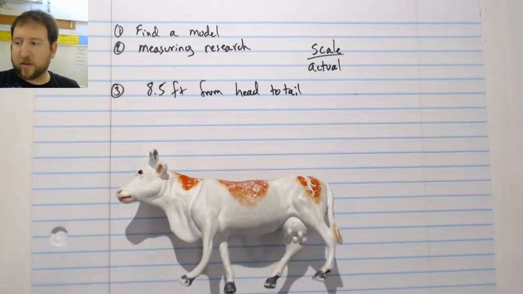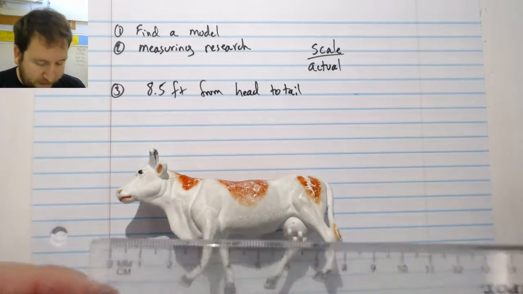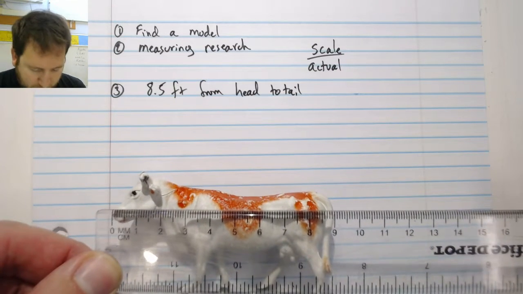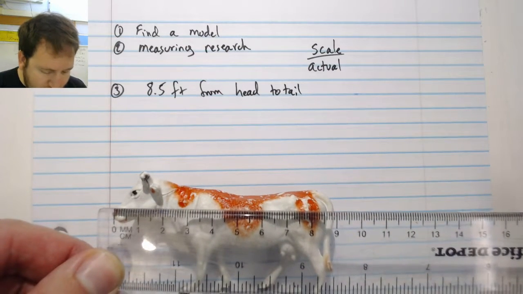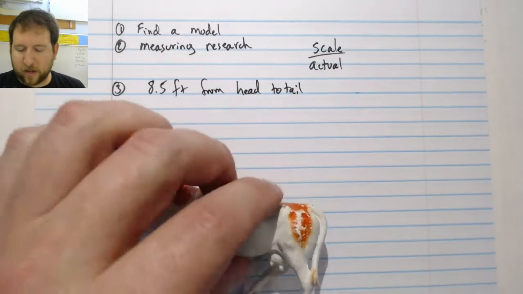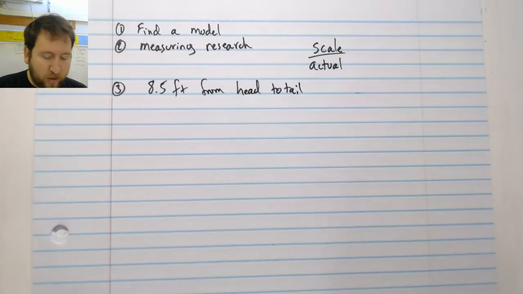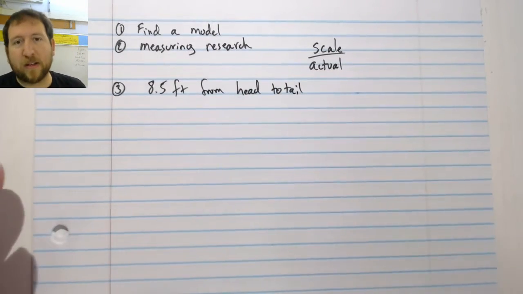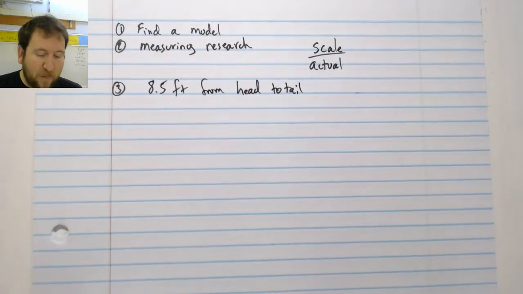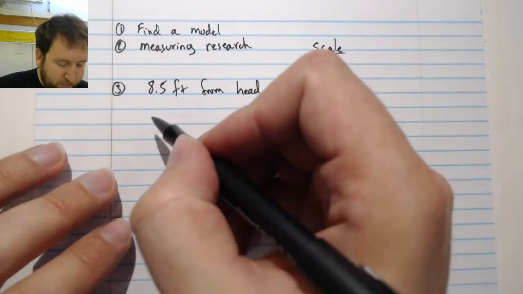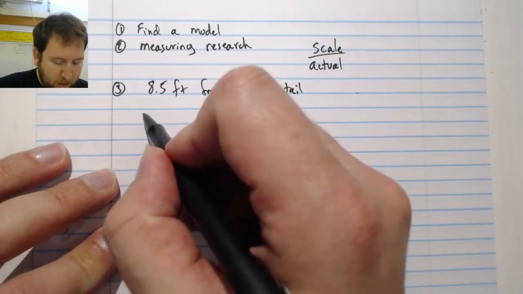Now I'm going to measure my model of my cow right here, and it looks like my model is about 9 centimeters. Now I measured it in centimeters, which might become a problem because I have different units going on. I'm going to convert it all to centimeters because that makes it a little bit easier for me to work in.